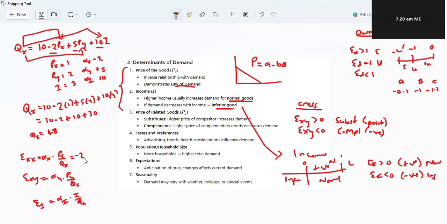And what is the actual price for good X? 1 kwacha, right? And the quantity demanded, we calculated it as what? 48. So the final answer will be 2 over 48. What do we get?